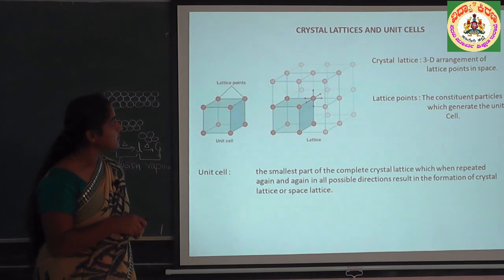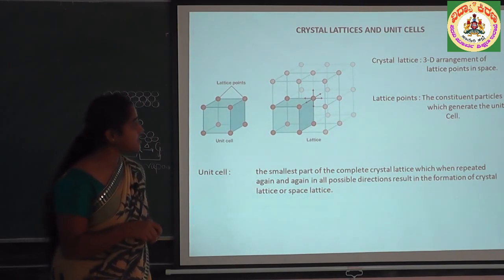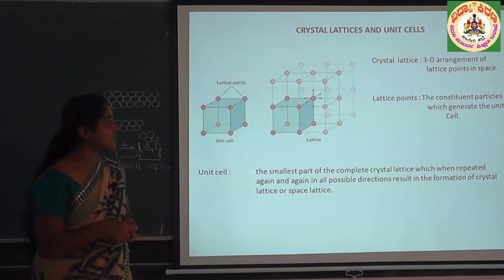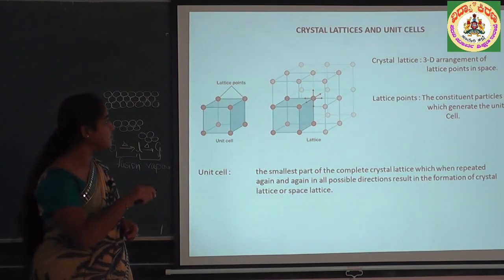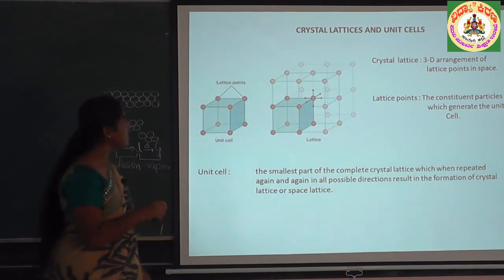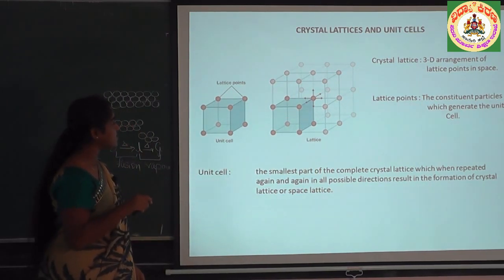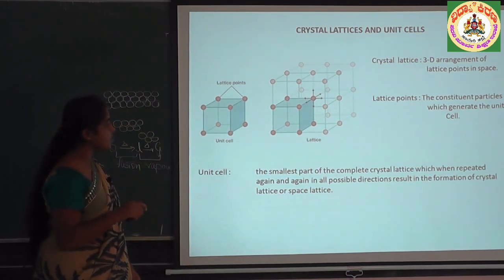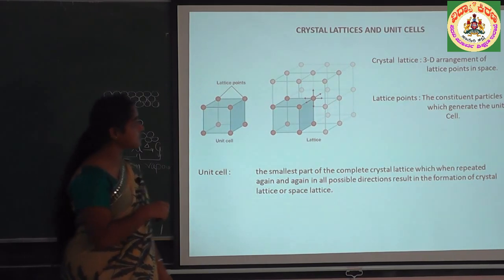Then what do you mean by lattice points? The constituent particles which generate the unit cell. See here, this structure in blue is called the unit cell, where the constituent particles are, we call them lattice points. They are forming this unit cell.